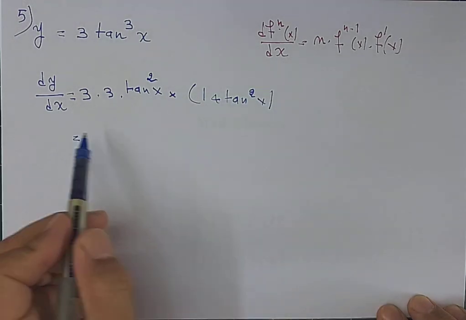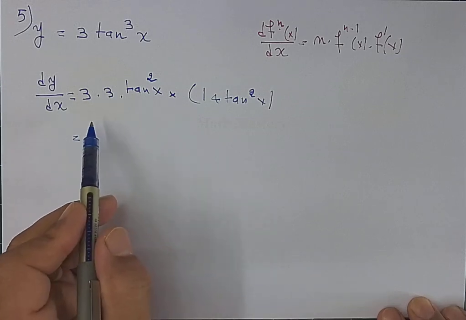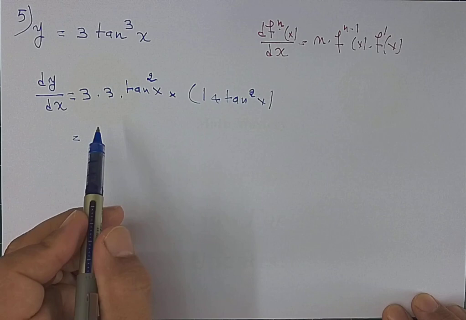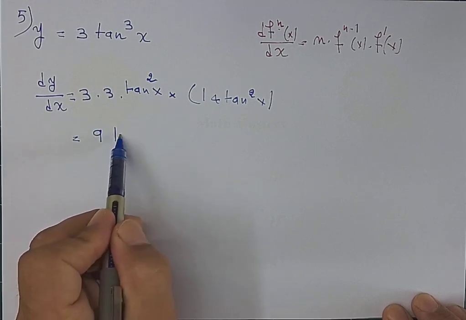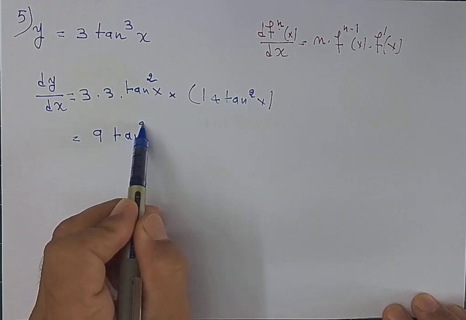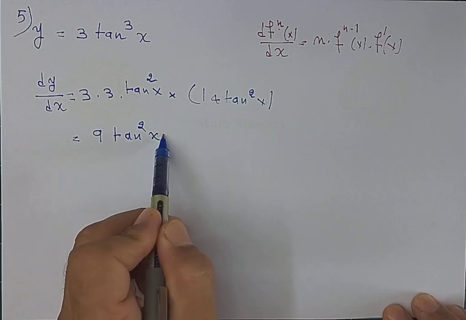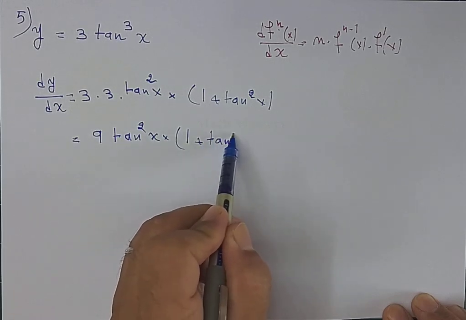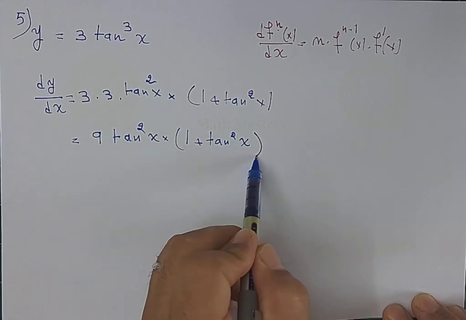So I can combine this and write a simple expression: 3 times 3 is 9, tan square x times 1 plus tan square x.